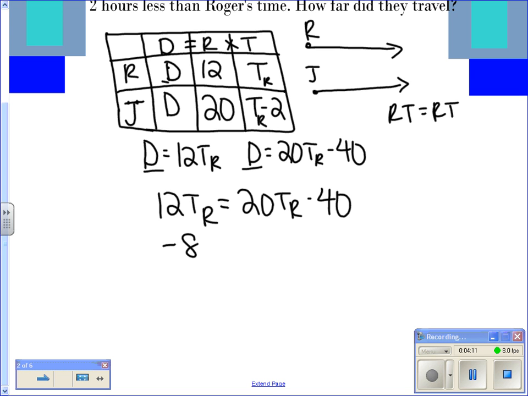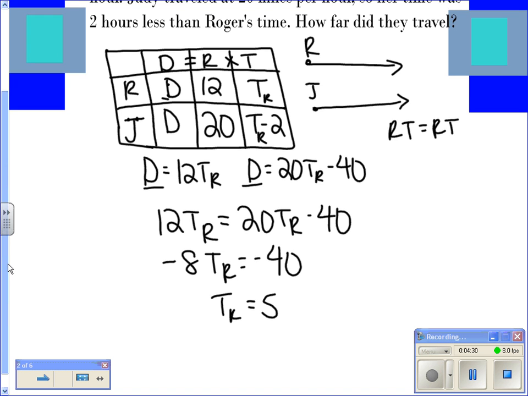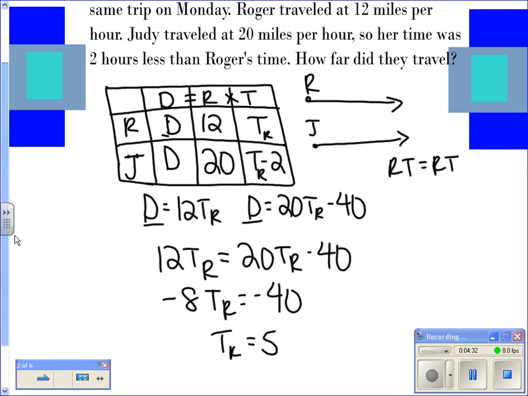Okay, get negative 8 TR equals negative 40. Divide by negative 8. Take it. Does that make sense? The time of Roger. That's why I put the sub R, so that I knew whose time that was. Does that make sense?